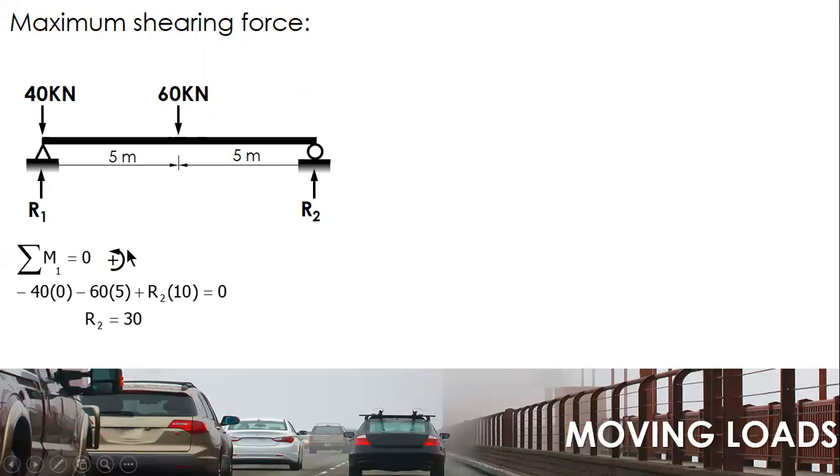Depende lang. This is very easy. Sa kag moment sa 1, of course, 40 times 0, 60 times 5, R2 times 10. Very basic. And then summation of force sa Y, R1 equal to 70.